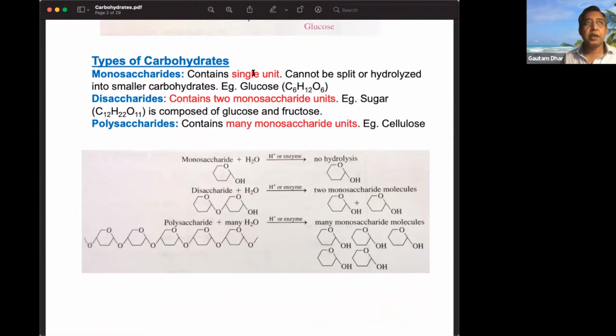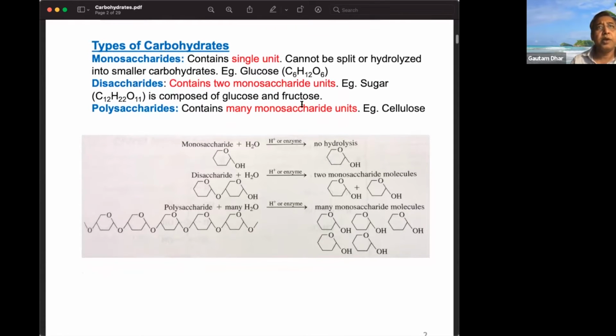When two molecules join, we call them disaccharides. In this course, we'll be covering three basic disaccharides: sucrose, maltose, and lactose. As for the polysaccharides, meaning many, we'll be covering glycogen, starch, and cellulose.